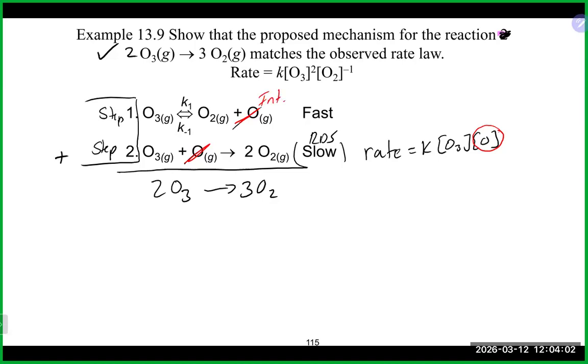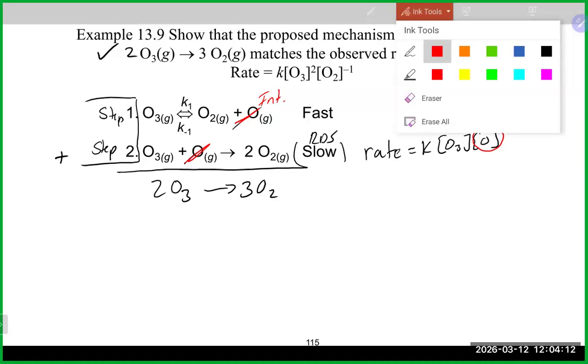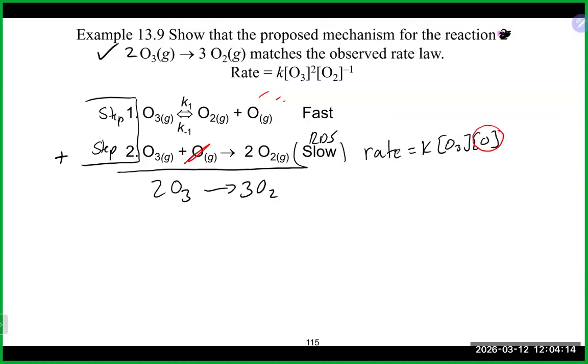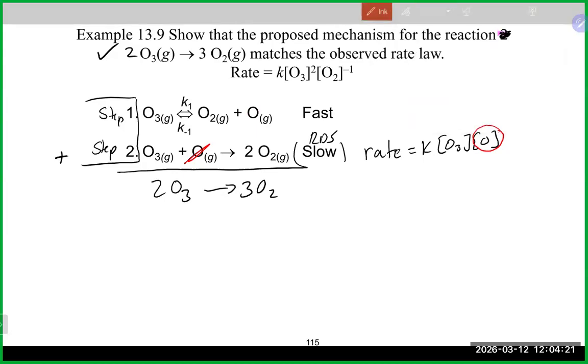So much like the last one, we need to substitute out that intermediate for something else and then make our comparison. In this case you have pretty much one choice, so that makes it simple. You need to go to the first step. This first step is an equilibrium, reversible reaction step.